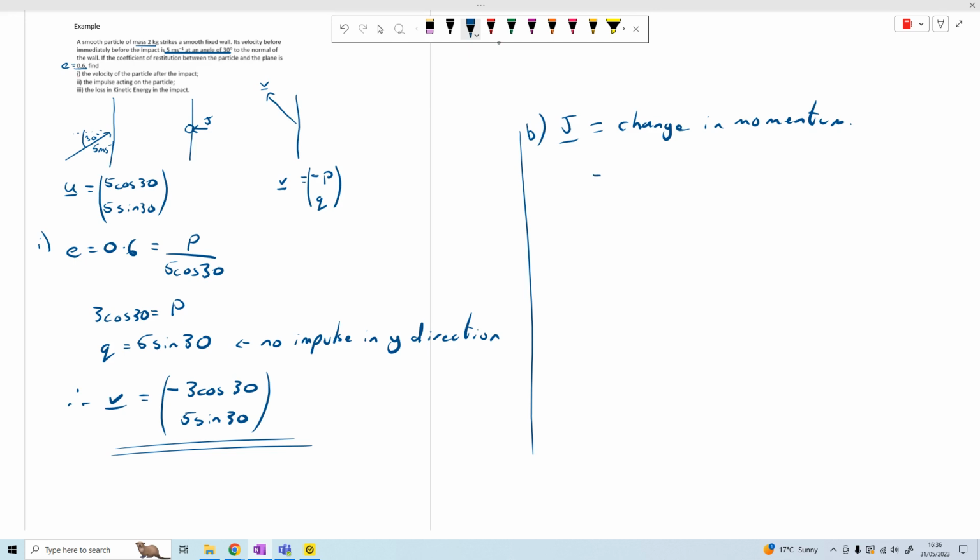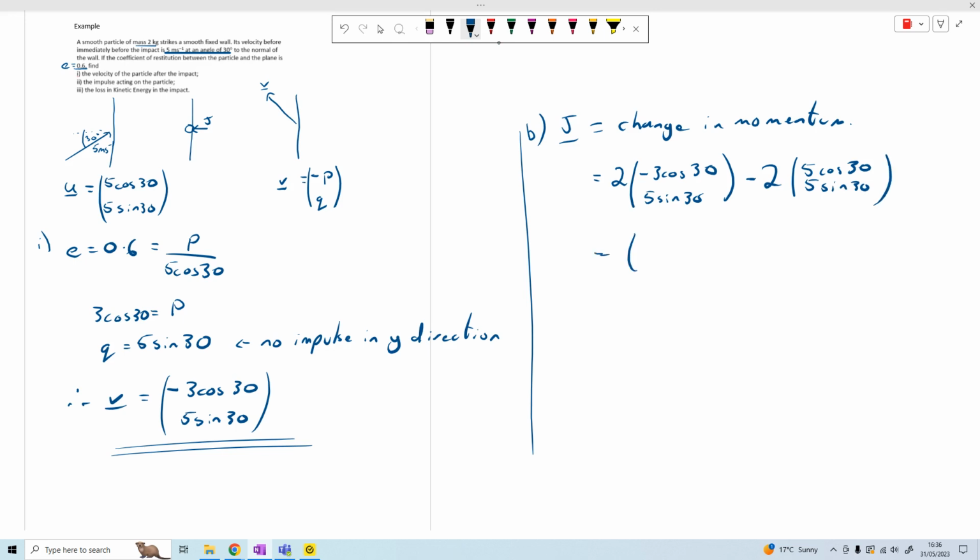So when I plug this in, I'm just going to have the change in momentum, so it's final momentum take away its initial. So I'm going to have 2 times the final velocity, minus 3 cos 30, 5 sine 30, and then its initial momentum is 2 times 5 cos 30, 5 sine 30. Okay, and I'm going to solve this.